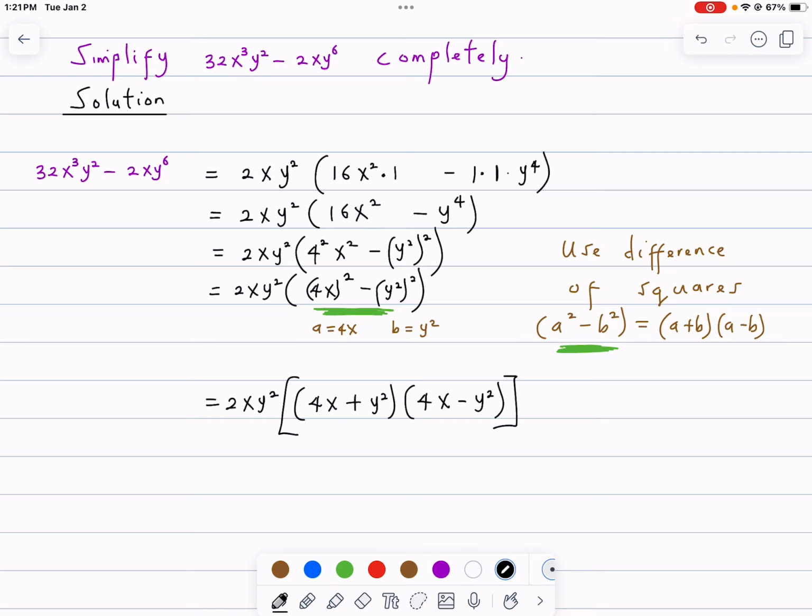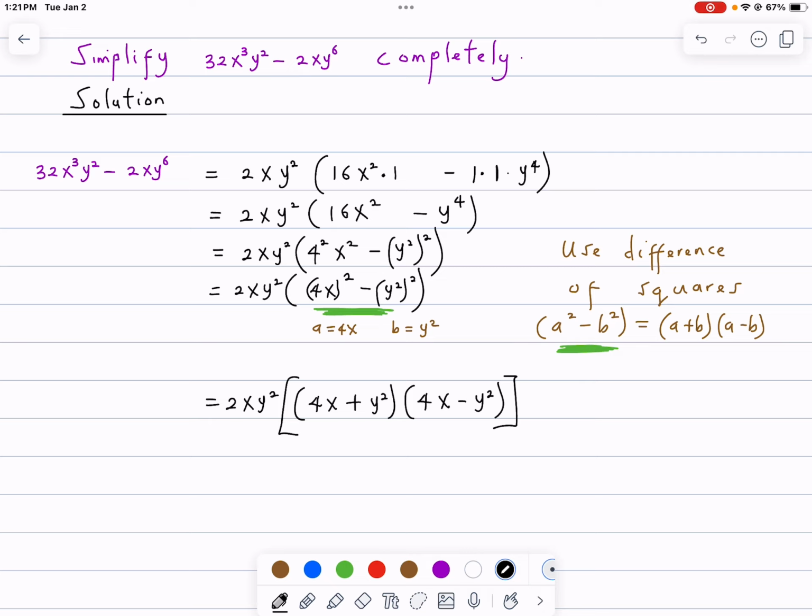So I can still simplify 16x squared minus y to the power of 4, because I can rewrite 16 as 4 squared, and I can rewrite y to the power of 4 as y squared squared, right?